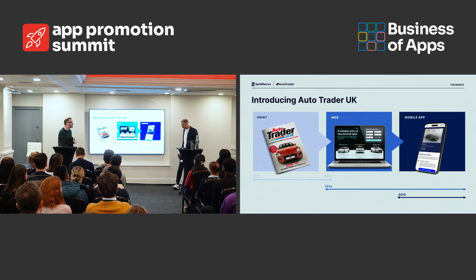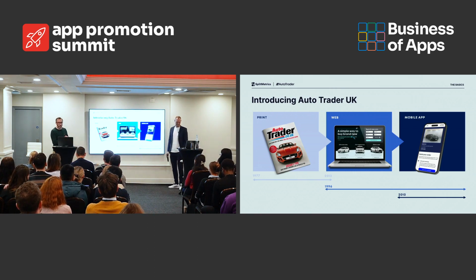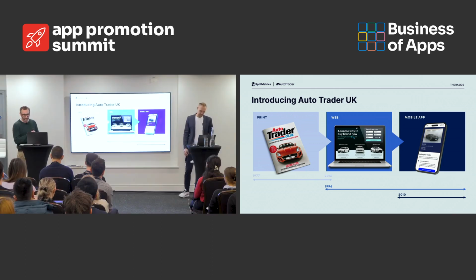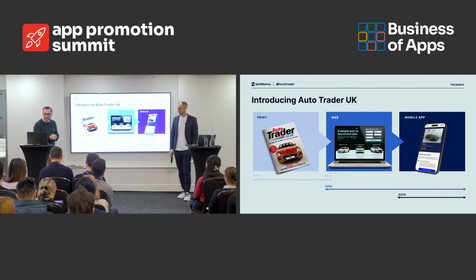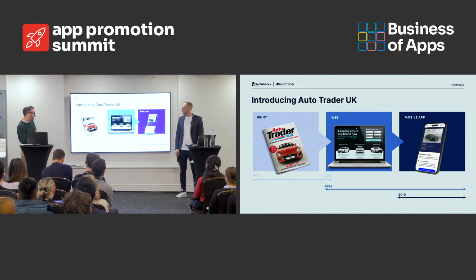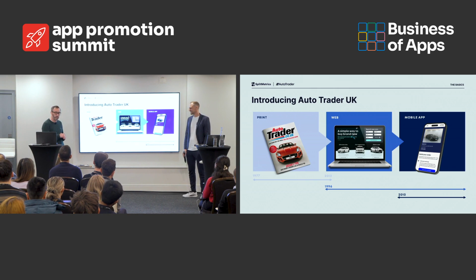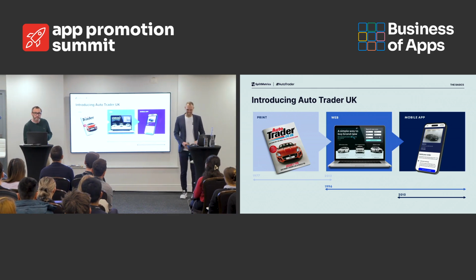For those that perhaps don't know AutoTrader, historically we were a car classified magazine founded around the late 70s, and we were selling up to 1 million physical copies a week. In the late 90s, we founded the website, a year before Google actually came to fruition. In 2007, the website started to generate more revenue than the magazine.